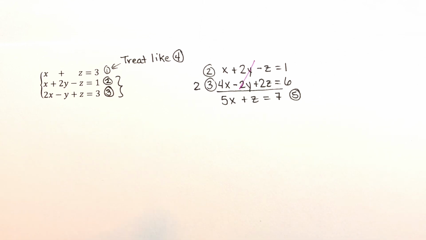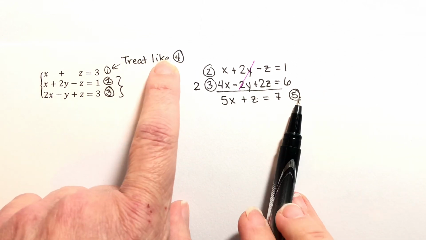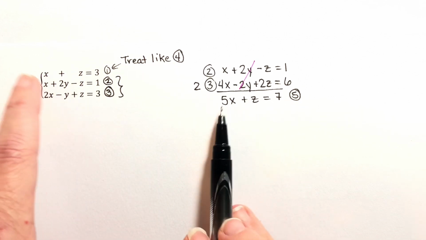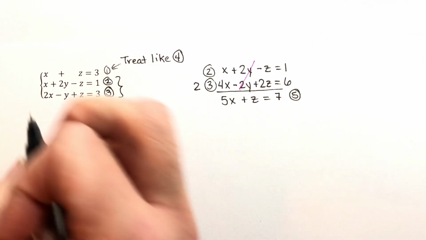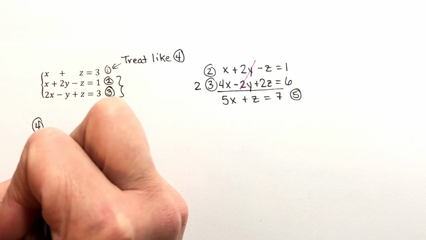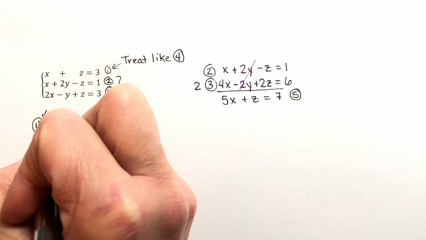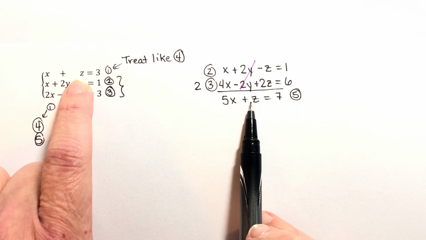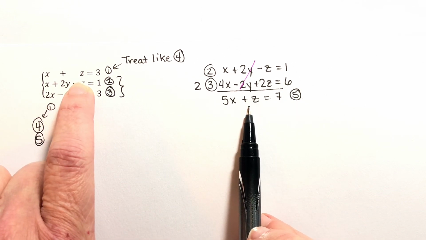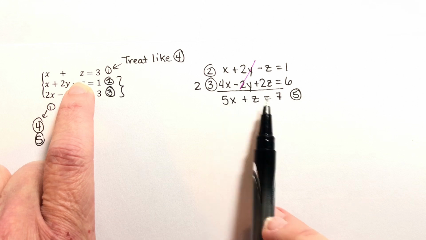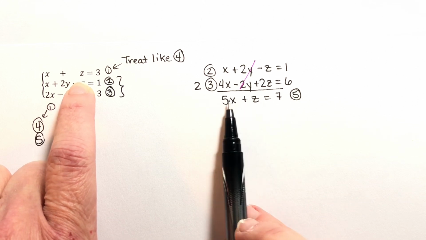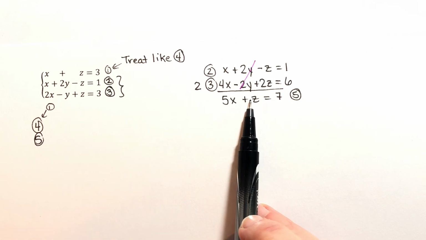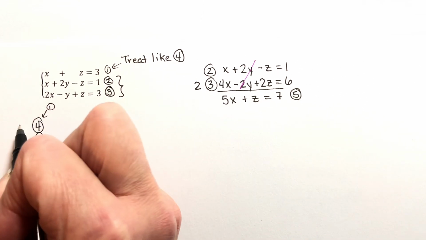And what we have done, we now have two equations, 4 and 5, with the same two variables. So now I pair up 4 and 5, which this is of course 1. And it looks like our z's are almost set up to cancel. It looks to me that if I multiply one of these two equations by a -1, my z's are going to go away. So I'm just going to multiply this one by a -1.